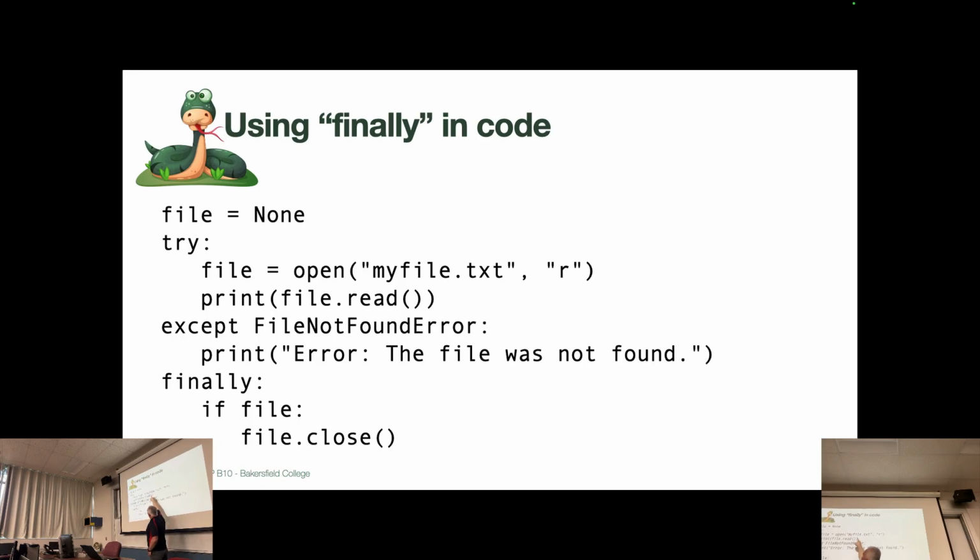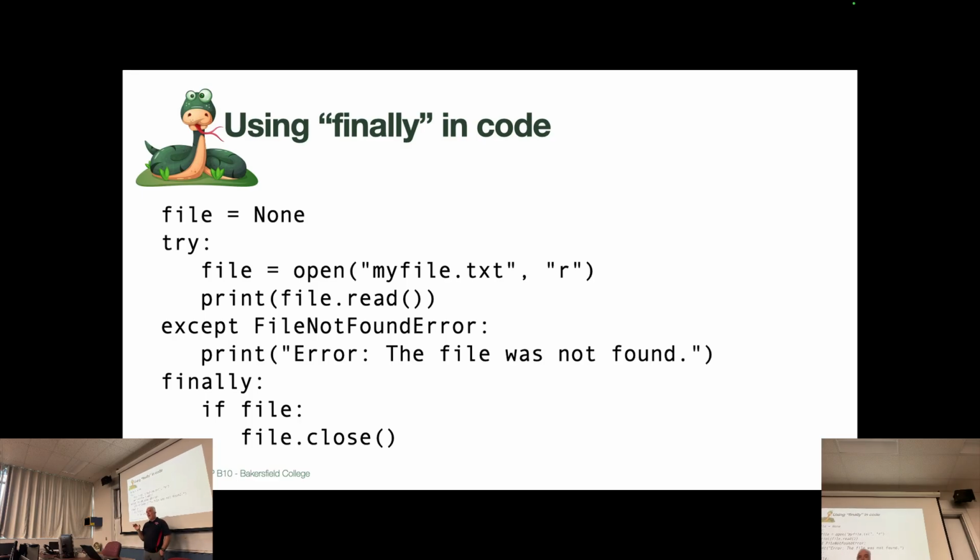So the way this reads is try opening the file for reading and then print whatever's in the file directly. If there's a file not found error exception, it'll say the file was not found. No matter what, whether there's an error or not, it says if file.